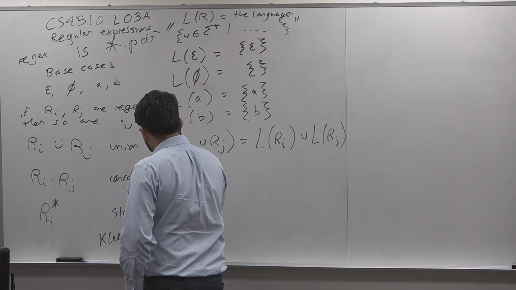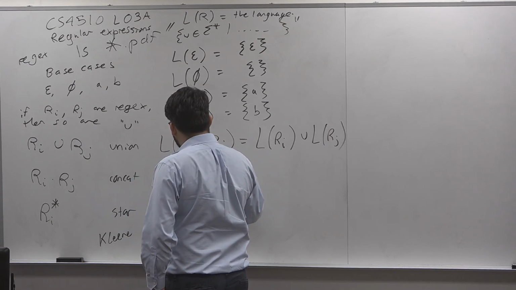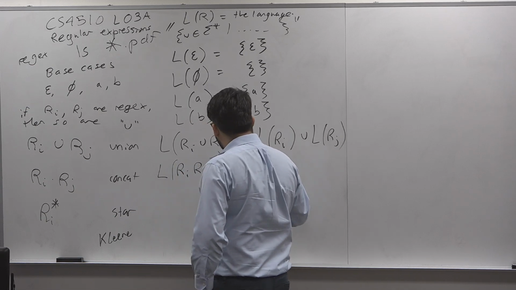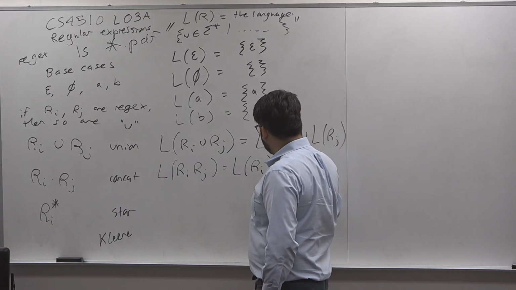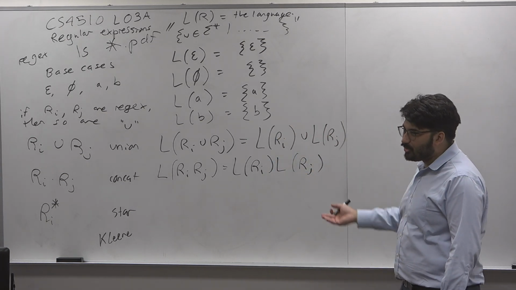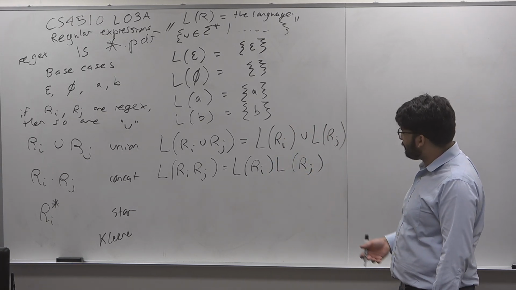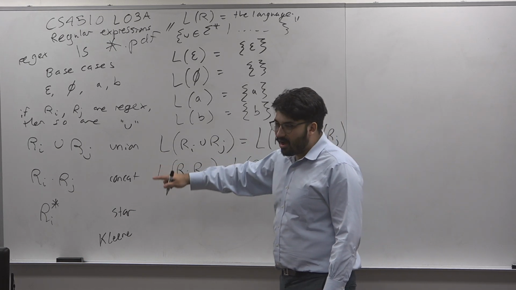Concatenation: L of Ri concatenated with Rj is going to be equal to the concatenation of the languages described by those two. Now, what is a concatenation of a language? We use a kind of multiplicative notation, where we just don't write a symbol. Sometimes you can write a dot or a little circle.